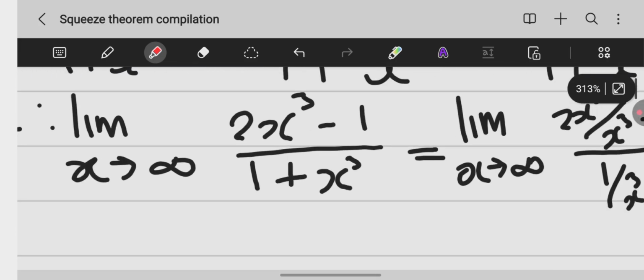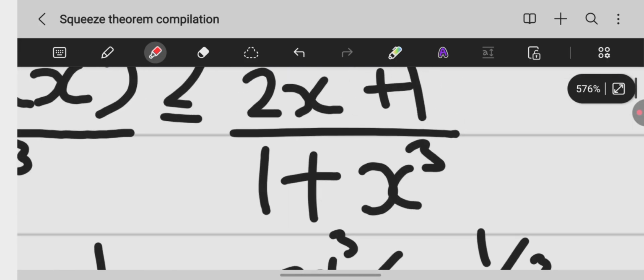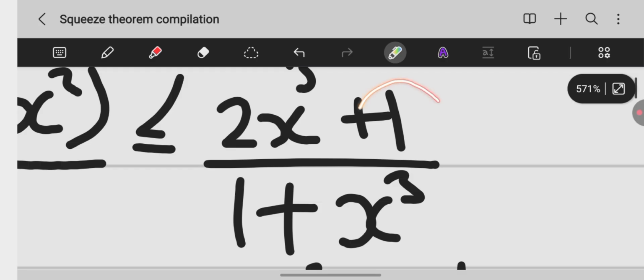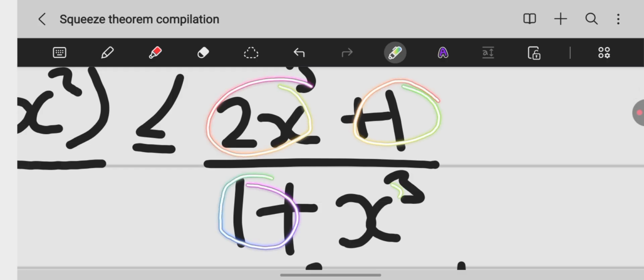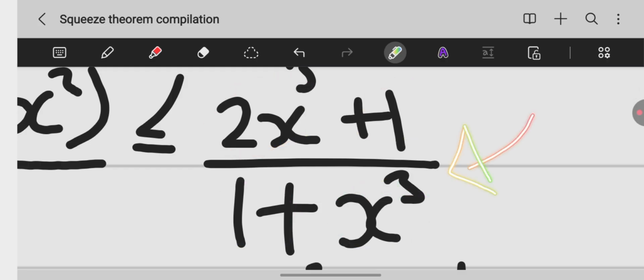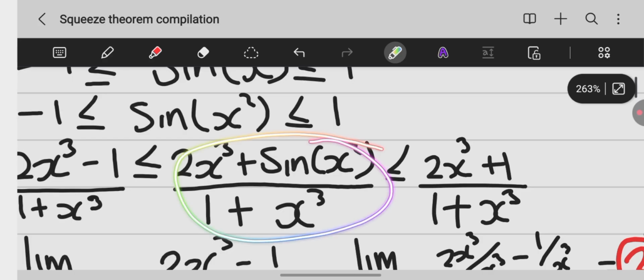Now let's go ahead and find the limit for the other side. Obviously, by default, you can see that here you would have a 0, a 0, a 2, and a 1, and the limit this side should also give you a 2, right?